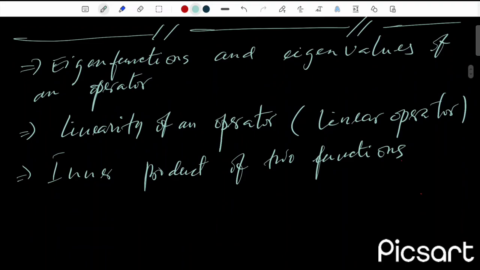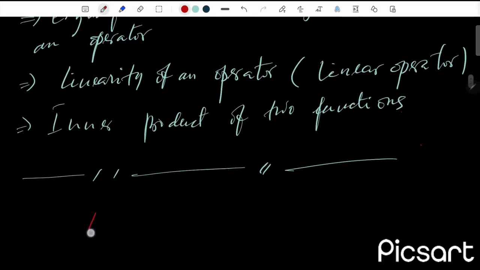Here we will start then to talk about the eigenfunctions and eigenvalues of an operator. Suppose that the operator L is acting on a function psi, and as the result of this action we get a number lambda times psi.